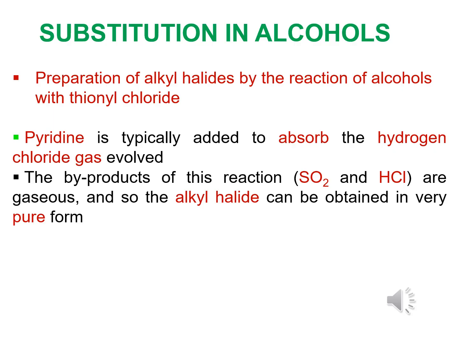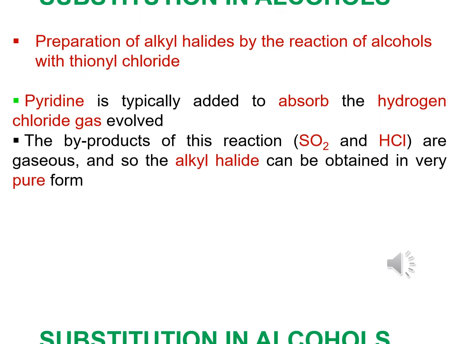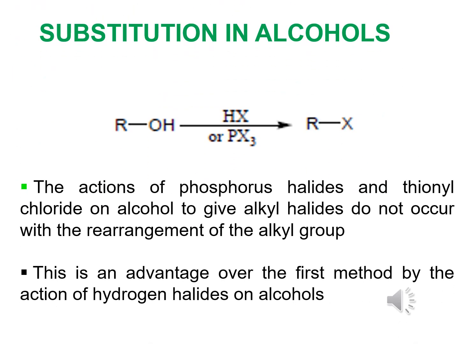So that is why thionyl chloride is the best method of preparing alkyl halide. This method has an advantage over the one of Lucas reagent. Despite coming up in its pure form, there is no problem of rearrangement of the alkyl group. So it is a better method than the Lucas method.